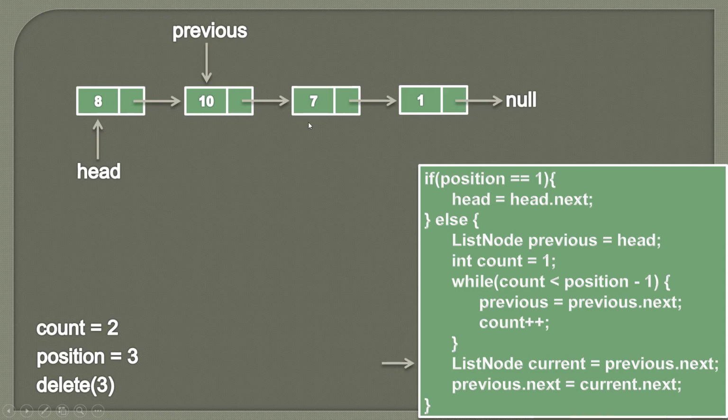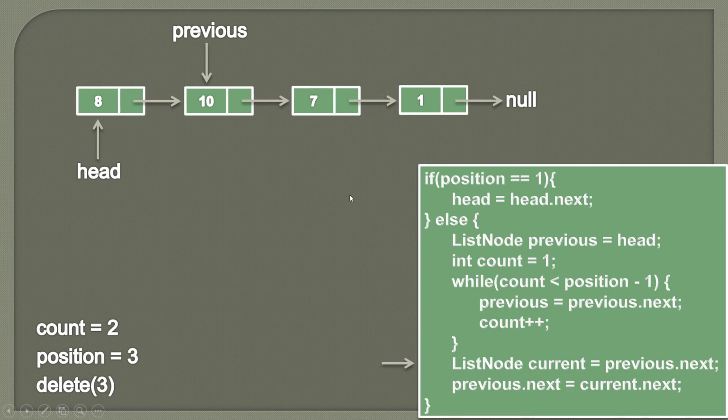So at the first step, we can't directly remove this link here, because if we remove this link, then this complete singly linked list will be garbage collected. And in order to reach this node, we also need a pointer to this node as well, because if we have a pointer to this node, then we can use its next value to reach this node, because we want to somehow assign previous.next value, which is this value, to this node.